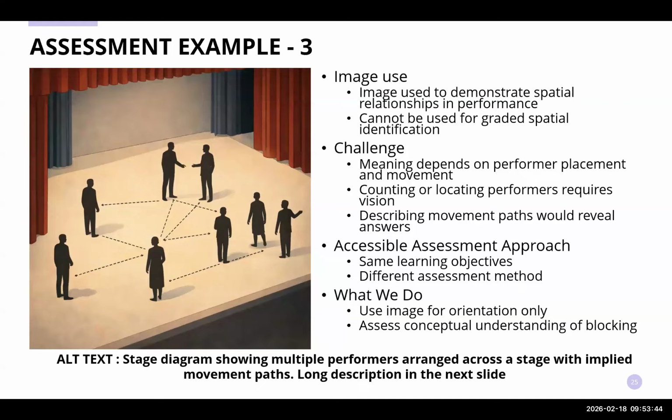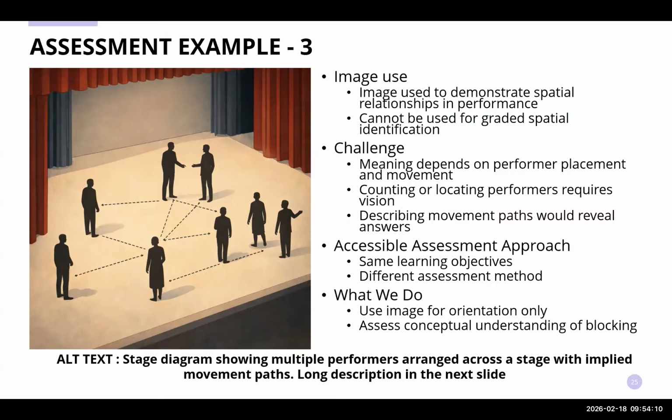Now, let us look at how that stage diagram works when we use it in an assessment setting. And let us be clear about the goal here. In teaching, the diagram helped everyone see blocking and spatial relationships. But in a test, we cannot ask a student to visually track positions or count performers, as I mentioned earlier.